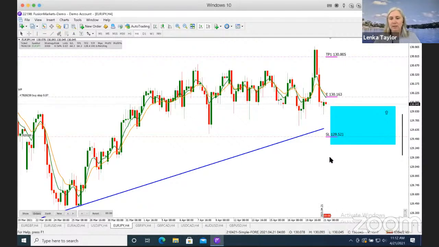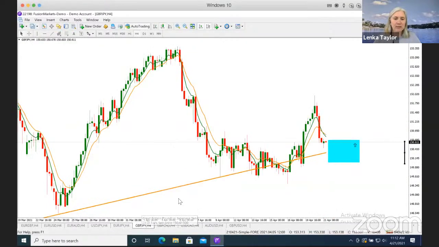Yep, I check the daily and then enter on the 4 hourly. Why? Okay, so, well, it's sort of more like a lesson. Let me just go through all the currency pairs and then perhaps I can explain it at the end.